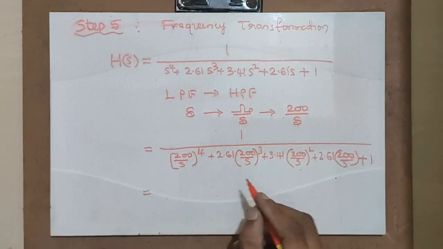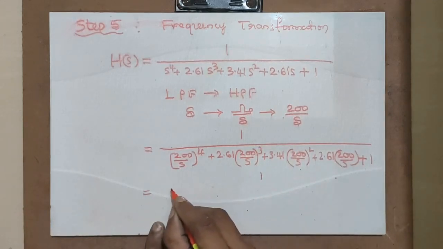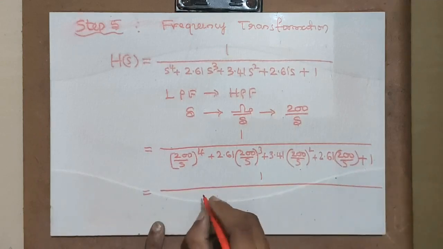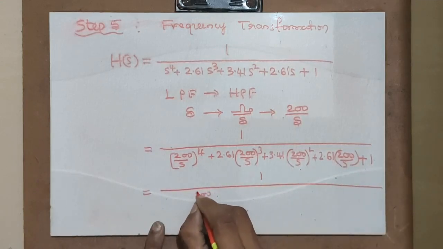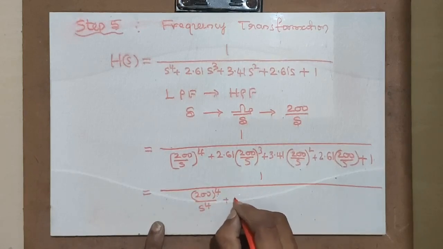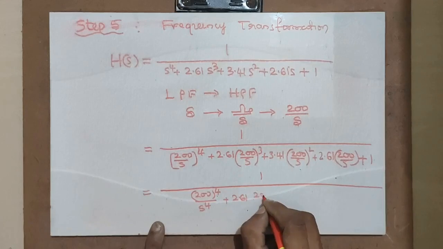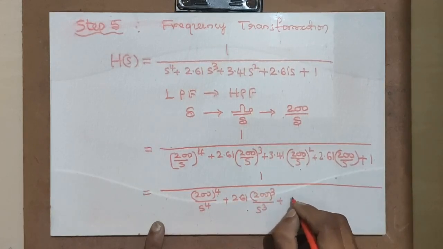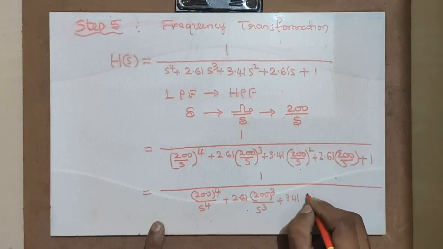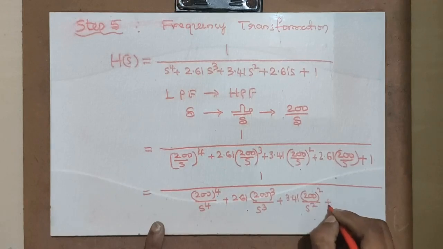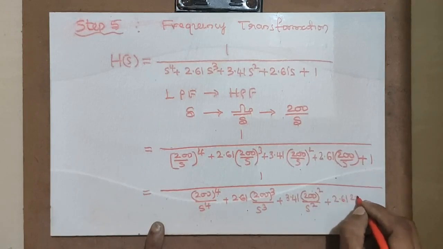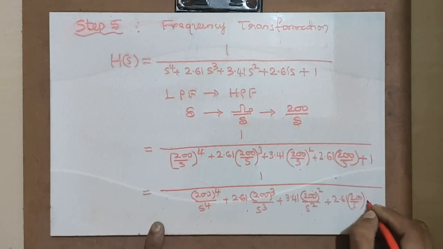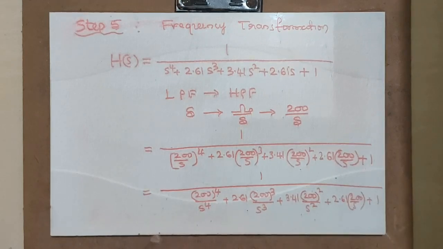Now, the whole thing is divided by 200 raised to 4 divided by S raised to 4, plus 2.61 times 200 cube divided by S cube, plus 3.41 times 200 square divided by S square, plus 2.61 times 200 divided by S, plus 1, isn't it?